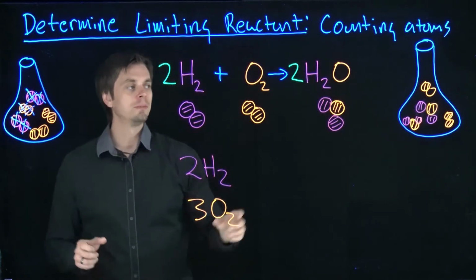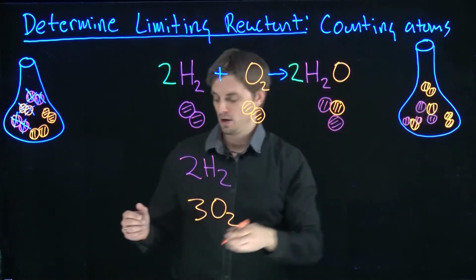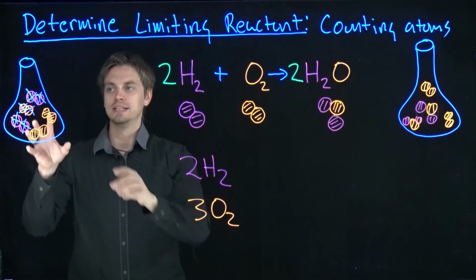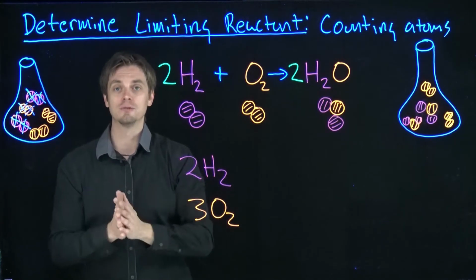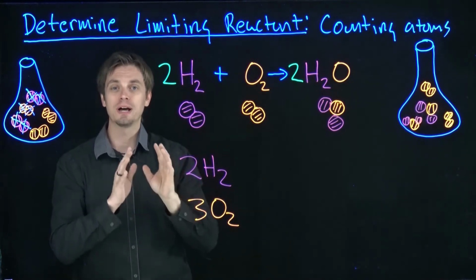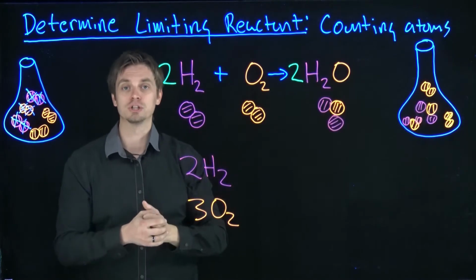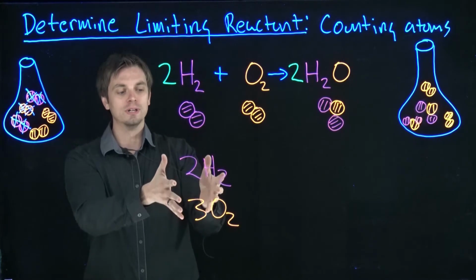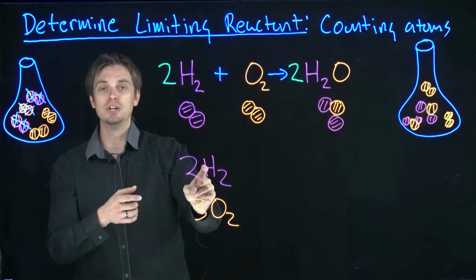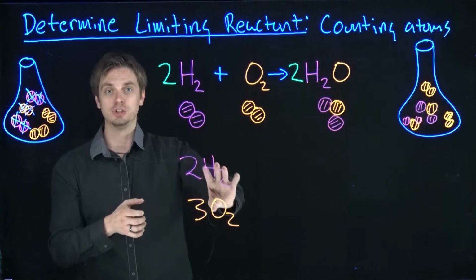Now, what we want to be able to do is answer this question without having to carry out this somewhat tedious process of crossing off individual atoms, drawing out individual molecules. So we're going to introduce some mathematical techniques that will essentially allow us to answer this exact same question. To do that, what I want you guys to start off with is basically writing out the number of H2 and number of O2 reactants that you have.